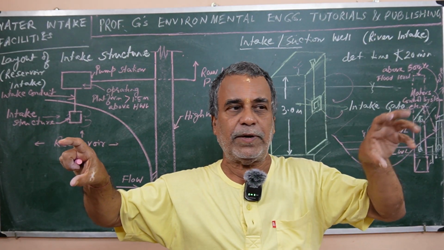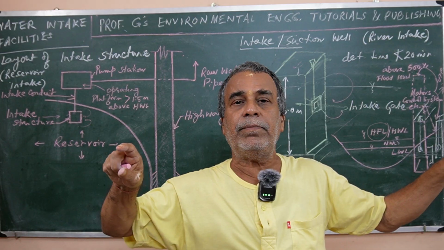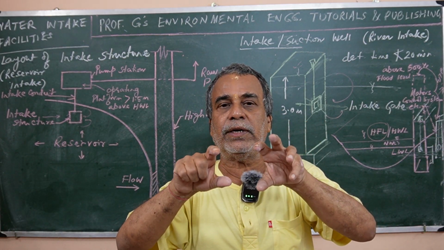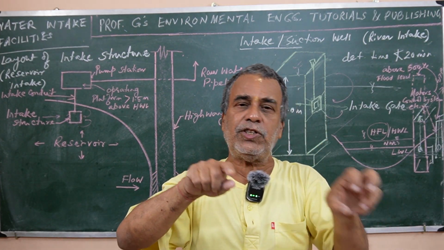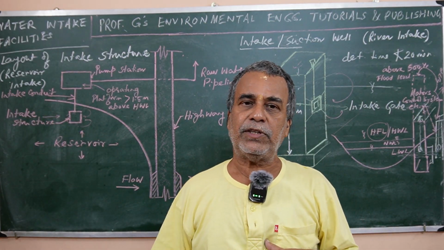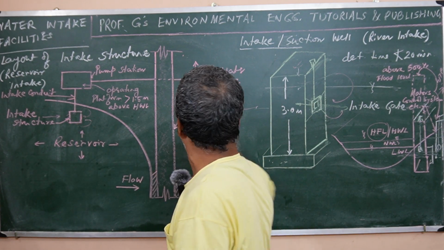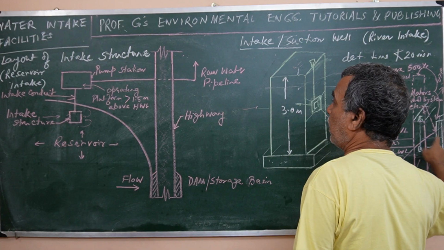At the tip of the pipe there may be a mesh, that means a screen, so the water is being screened. This initial screening happens, after that it enters the pumping station. The intake structure is like that.